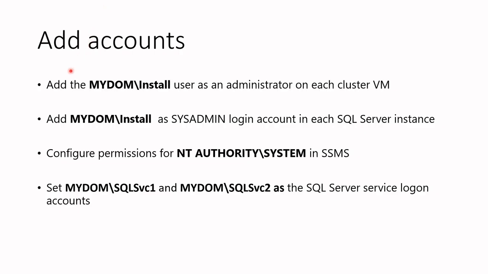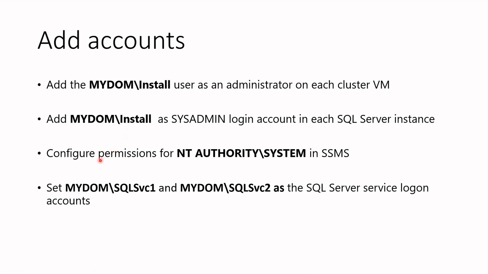After configuring the accounts, we should add them accordingly to each server. Firstly, we add the install account as an admin account in each SQL Server VM replica, because this account creates failover clustering with the replicas and should have admin access in each replica. Secondly, we add the install account as sysadmin in each SQL Server.